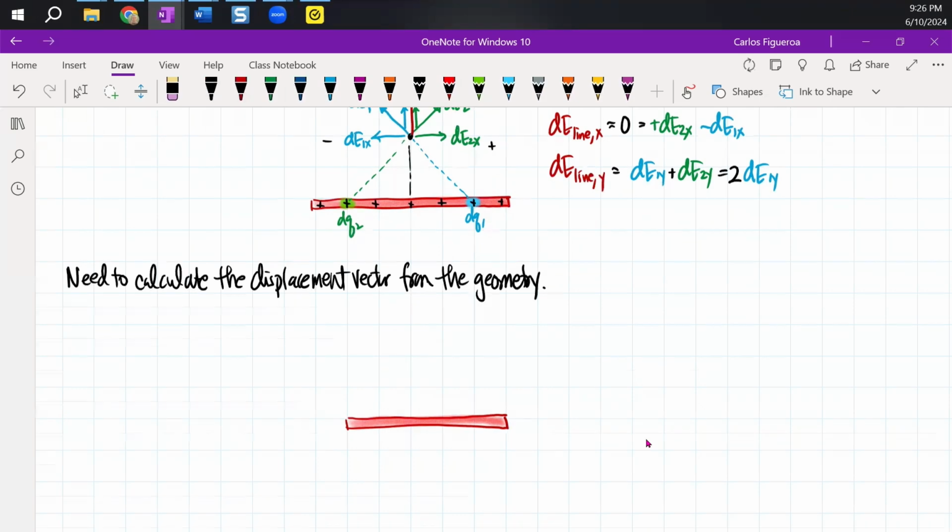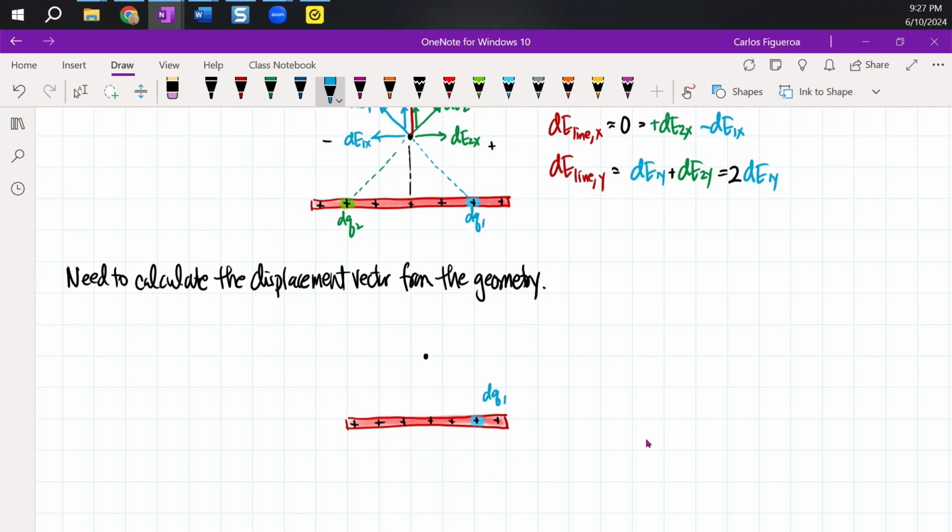Nope, I'm not at the center. This is the center right here. So that means I have a uniformly distributed charge. So now I'm focusing only on the field produced by dq, right? I only care about the field produced by dq.